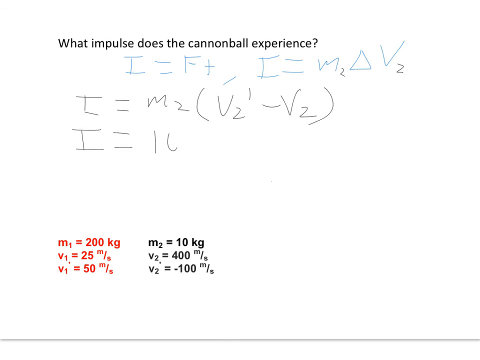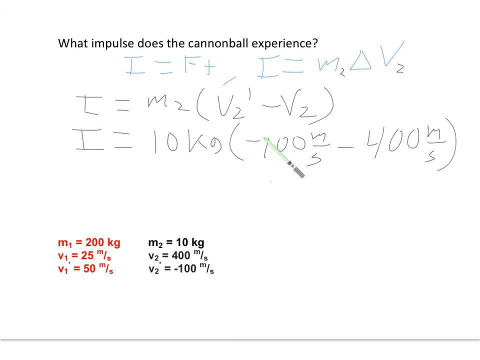So I have 10 kilograms times that final velocity, negative 100 meters per second, minus that initial velocity of 400 meters per second. Here's the tricky part: we've got a negative value subtracting a positive value. So you wind up adding these two negative values, and you wind up with a negative 500 inside the parentheses.